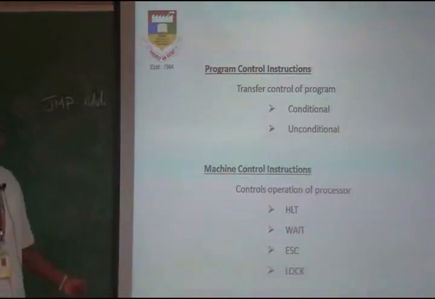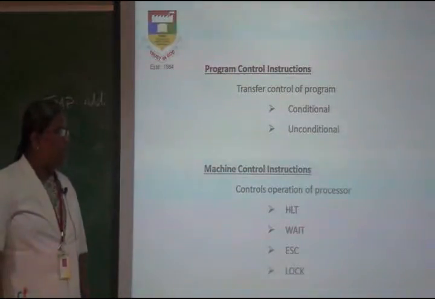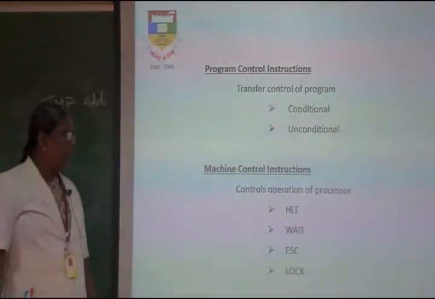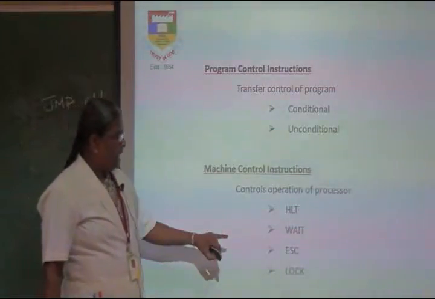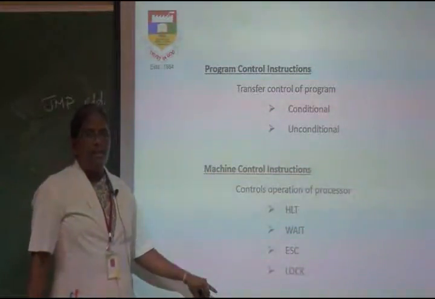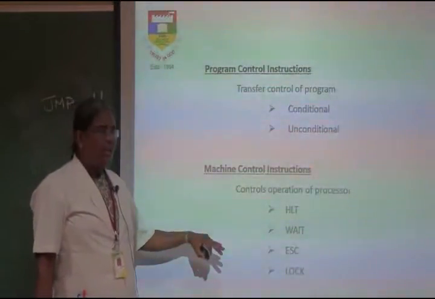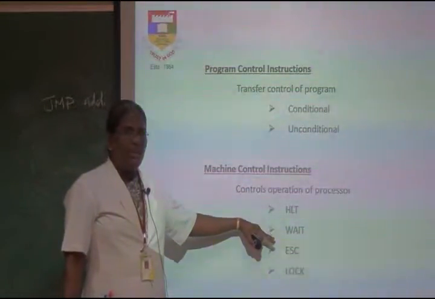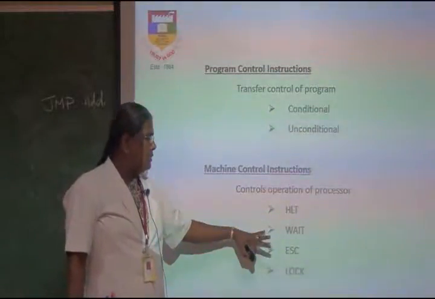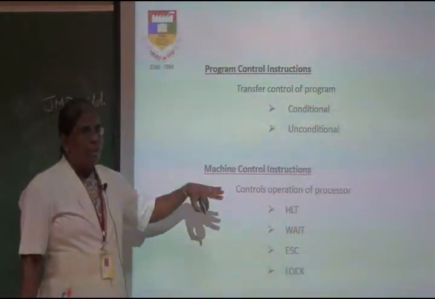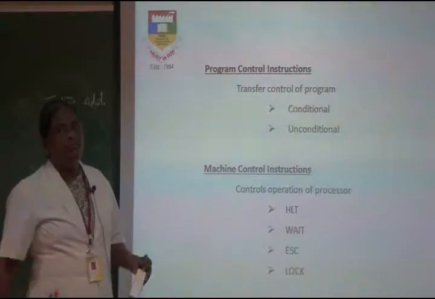And the machine control instructions, they will control the operation of the processor. So halt, wait, escape and lock. Halt means it will terminate the program, the end of the program. Wait means it will check the test pin.